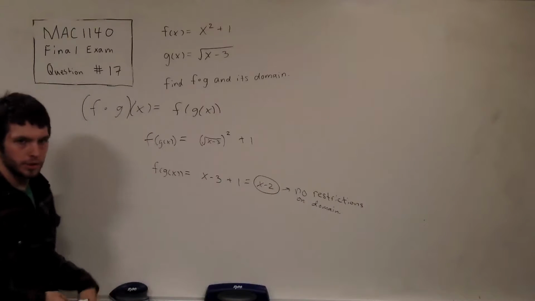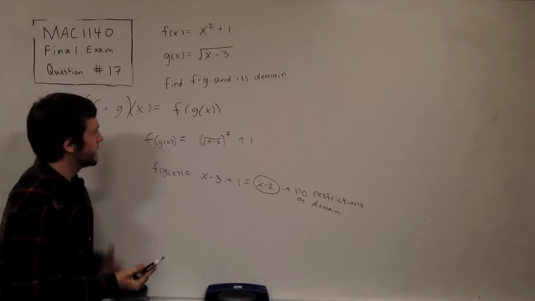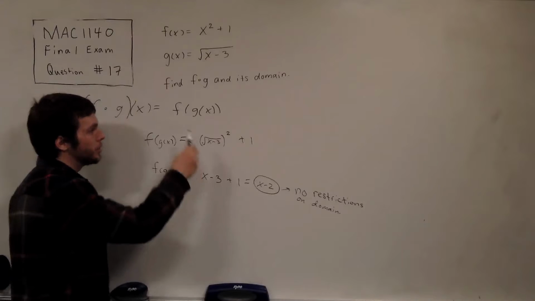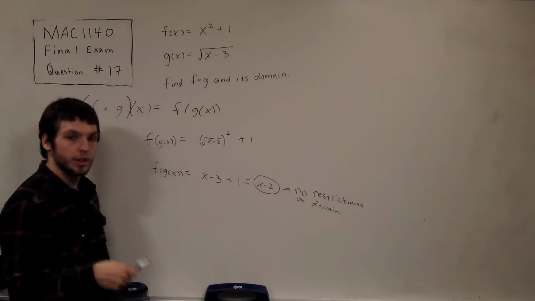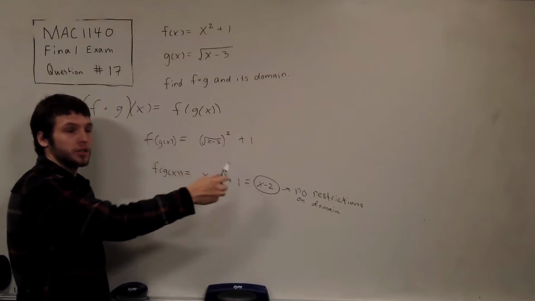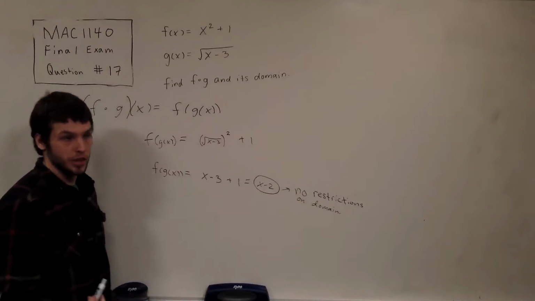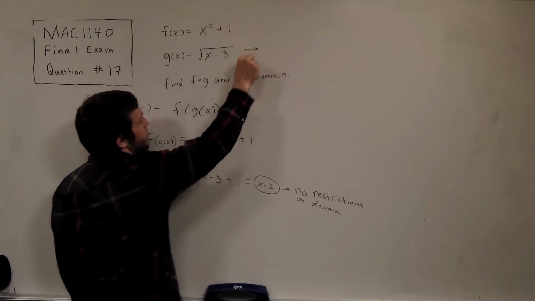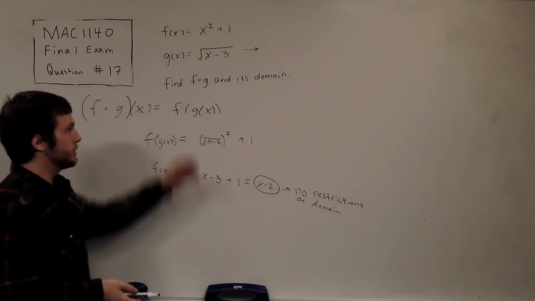But the thing to remember with compositions is that for the inside function, the function that you're plugging into the other one, you also have to consider that domain. So here our inside function is g. We have to consider the domain of g. So what was the domain here? We see that g is a square root function.